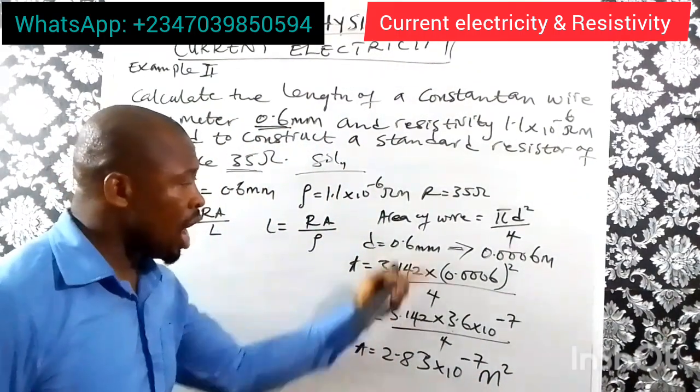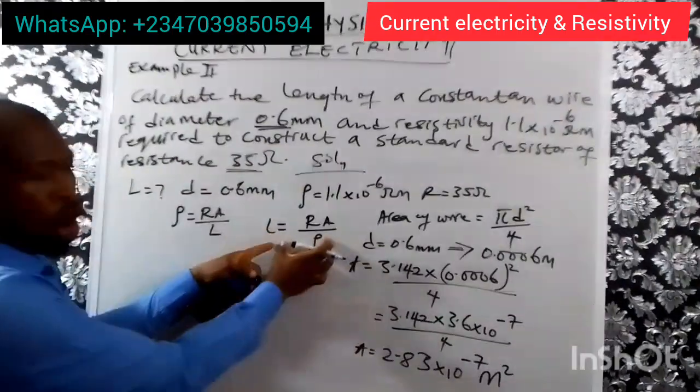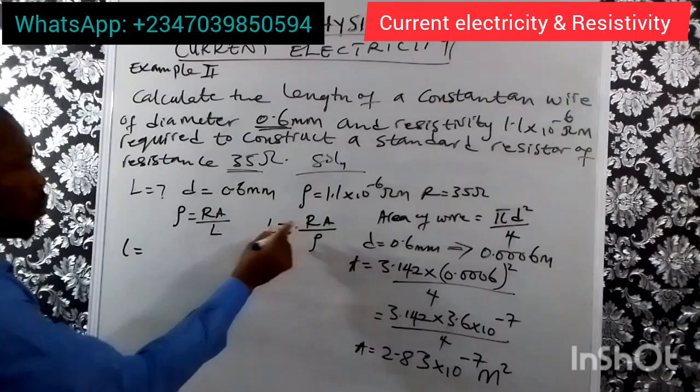Having calculated our area, we come here and say L is equal to R times area, all over the resistivity.